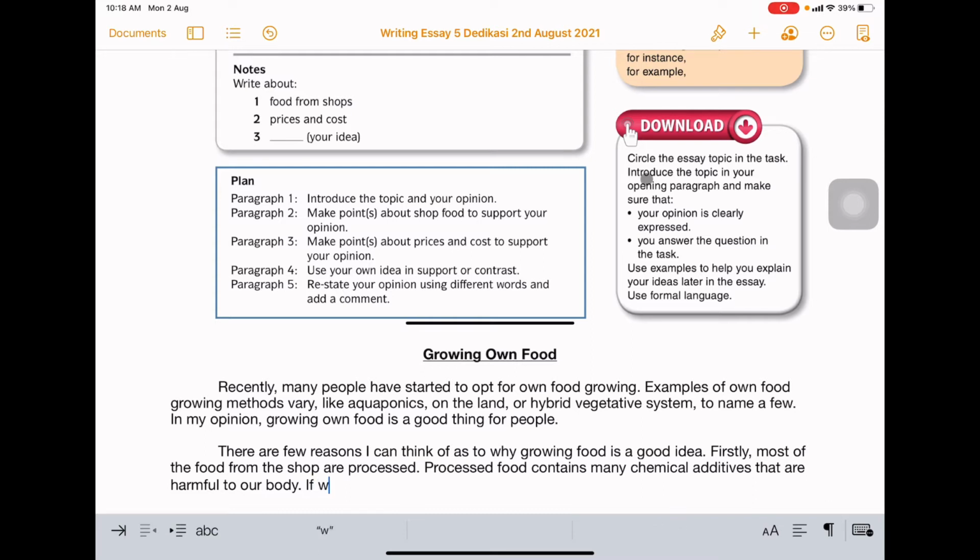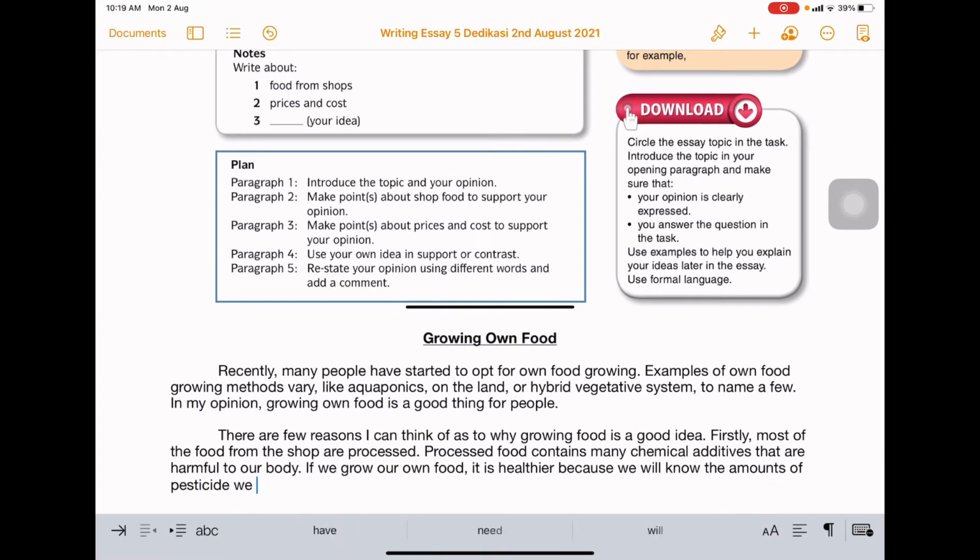So we can say if we grow our own food, it is healthier because we will know the amounts of pesticide we need to use.